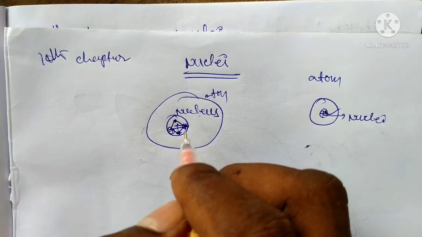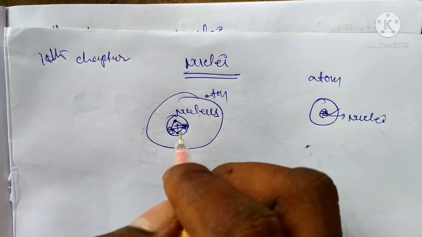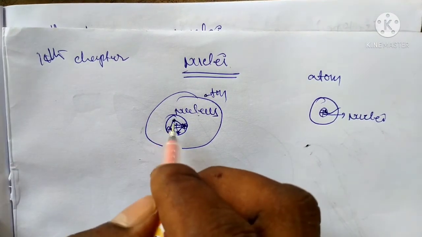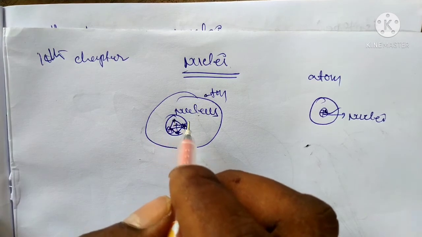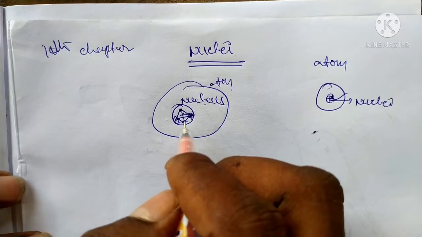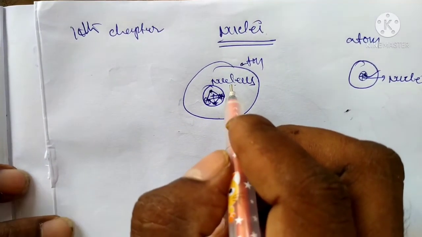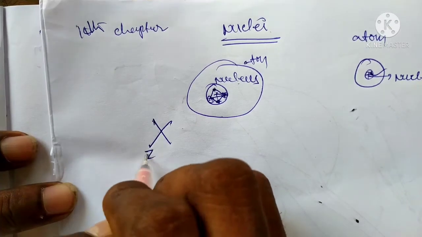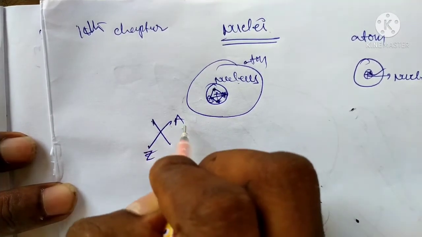Now, the nucleus is made up of a number of protons and neutrons inside the nucleus, called nucleons. The representation of the nucleus is like this: X with Z and A. What is A?